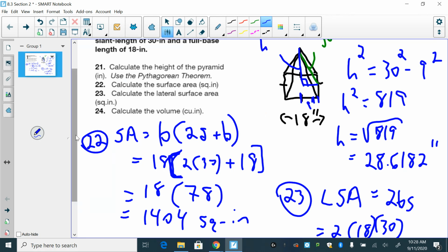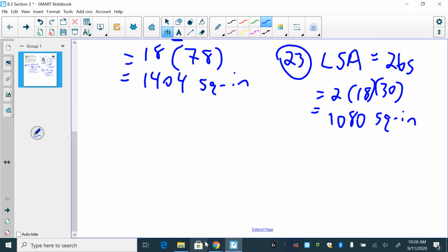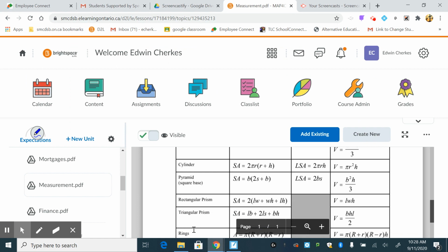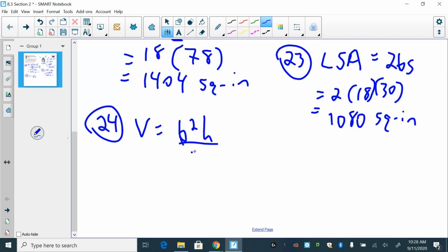All right, calculate the volume in cubic inches. Volume, again, let's go to our formula package and square base pyramid. Volume is base squared times height divided by 3. So volume equals base squared times height divided by 3.